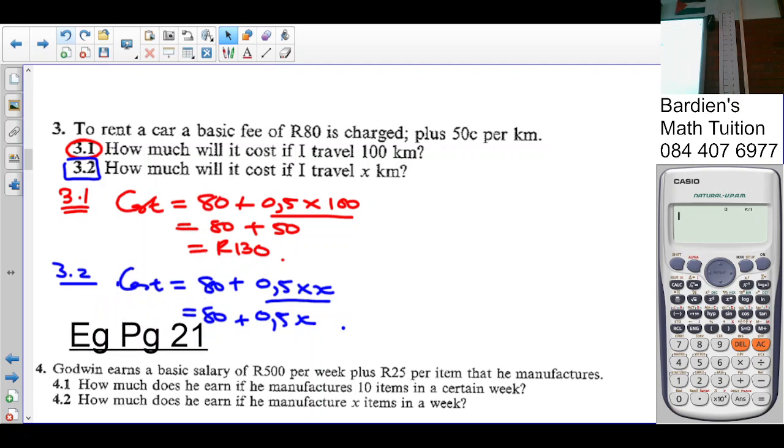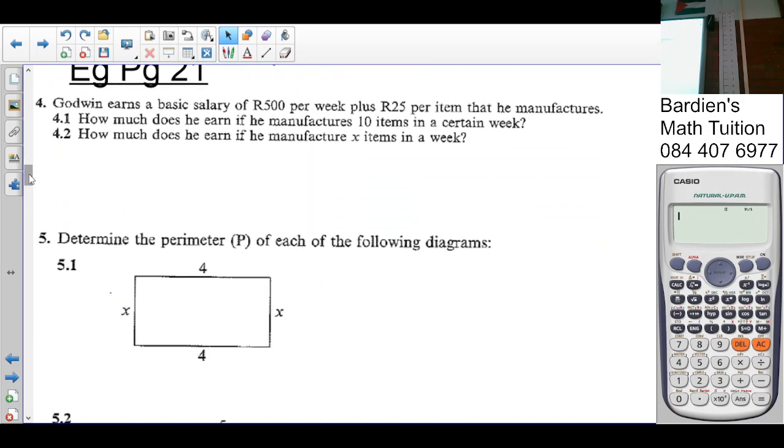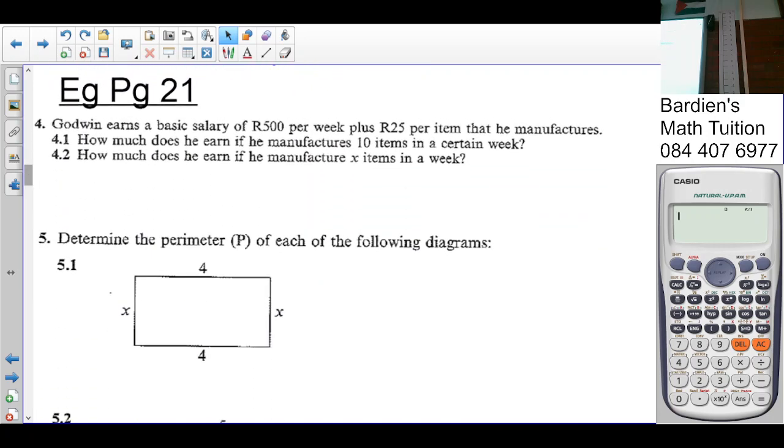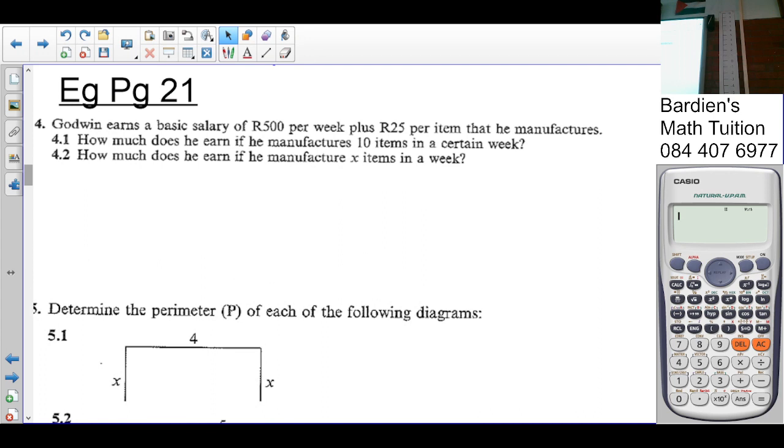Let's look at the next one. Now we're running out of time here. So Godwin earns a basic salary of 500 Rand per week, okay?